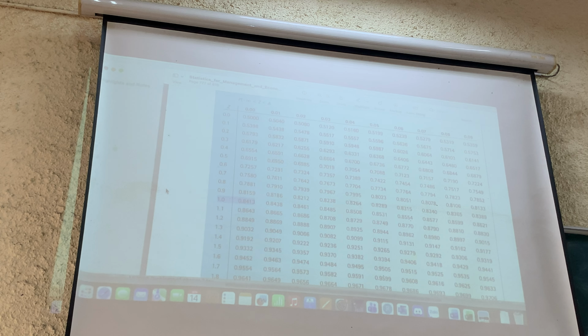For the normal distribution, we also have a very important property, called the 3 sigma rule. So what is the 3 sigma rule?